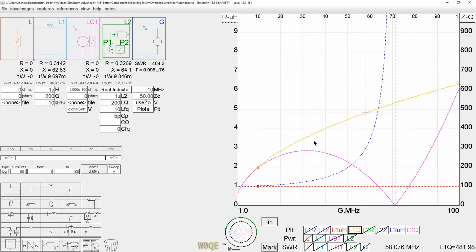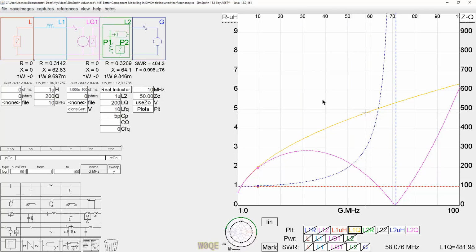But SimSmith tells us a lot of little things like this. If you were sitting in front of SimSmith some night and you had nothing to do and you start playing around with things like this, you get to where you start to understand things that you've read in the past. Things that were read in the past by people who touted these things as being obvious, but never really proved them. Never showed what they really were. They just said them. Some of these things you can take at face value, and they're true all the time.